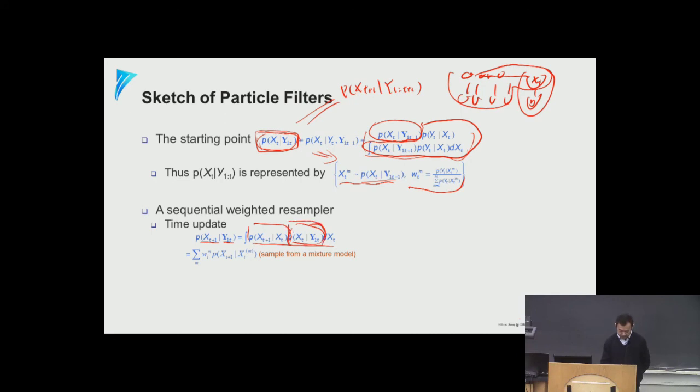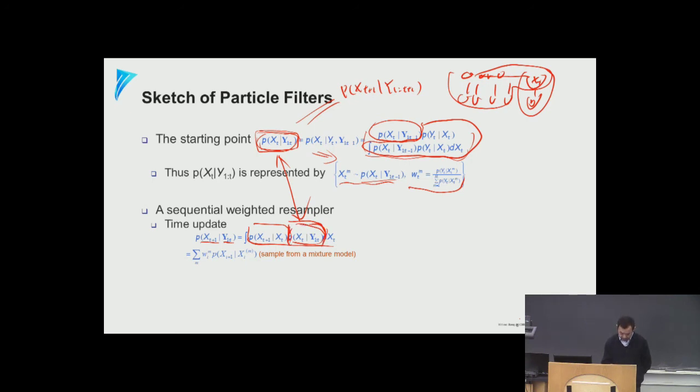We already know that. We have a sample expression of that already. And this is a given form. You need to define a model with a transition probability, so it's given. And so now we replace this integration with samples.